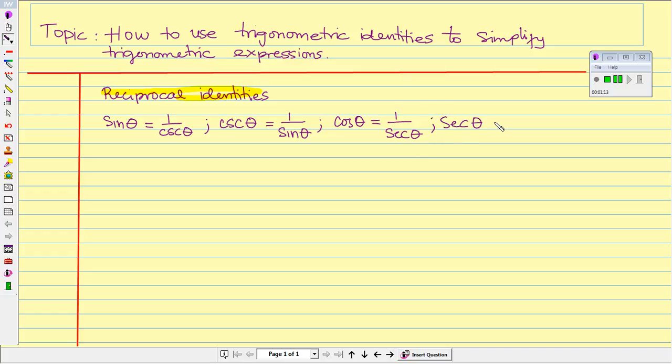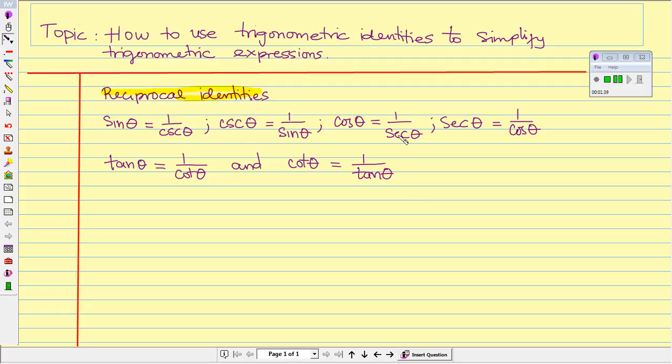Secant of angle theta is the reciprocal of cosine of the angle theta. Tangent of angle theta is the reciprocal of cotangent of angle theta, and the last one is cotangent of angle theta is the reciprocal of tangent of angle theta.